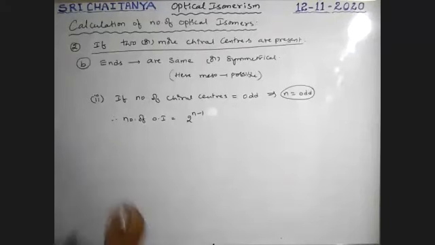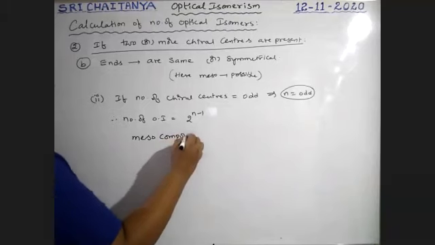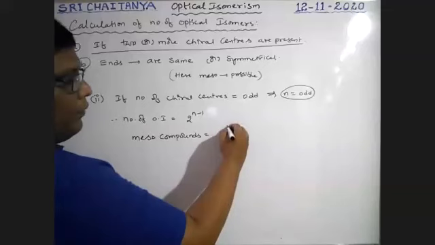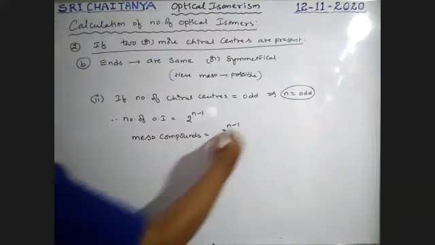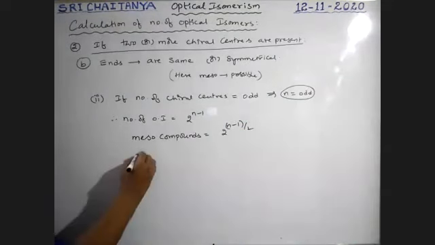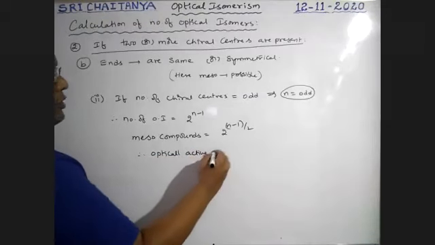Next, meso compounds. Meso compounds is equal to 2 power n minus 1 by 2 only.